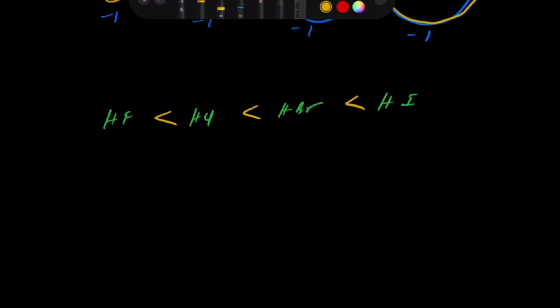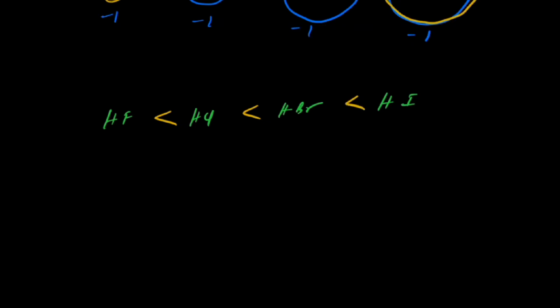Generally speaking, HF is considered a weak acid. Generally, when you go to lab, you say that HF is a weak acid. That means it doesn't dissociate almost totally, whereas HI dissociates almost totally. That means the equilibrium constant is very, very high.